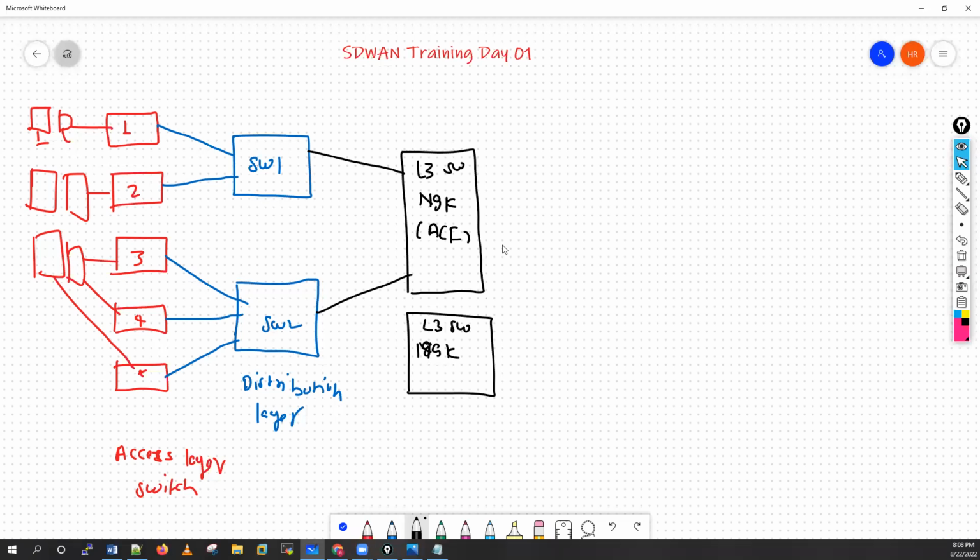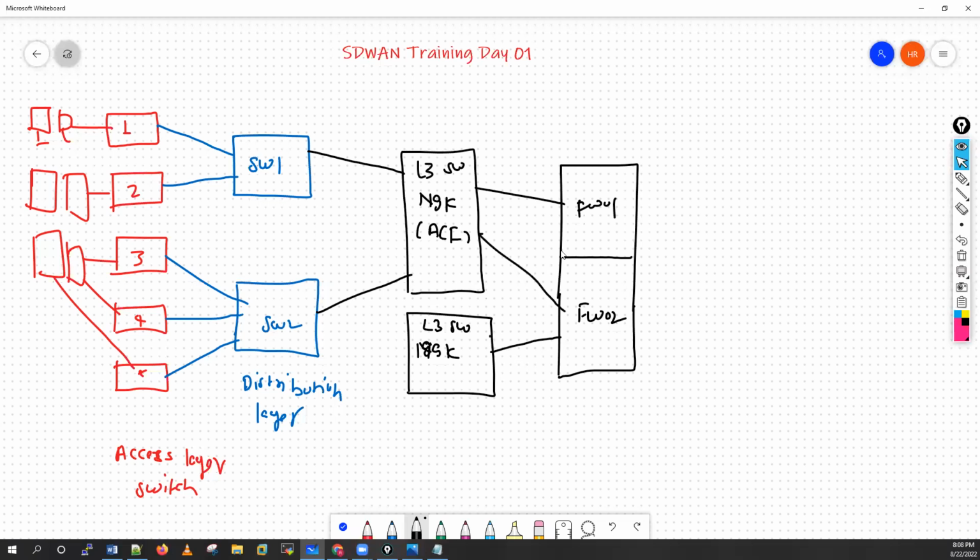Now, after these switches, what do we have? We generally have firewalls, right? So this is your perimeter firewall. Maybe you are running your firewall in HA. Let's say this is your firewall 1 and this is your firewall 2, and we have connectivity like this between these firewalls.